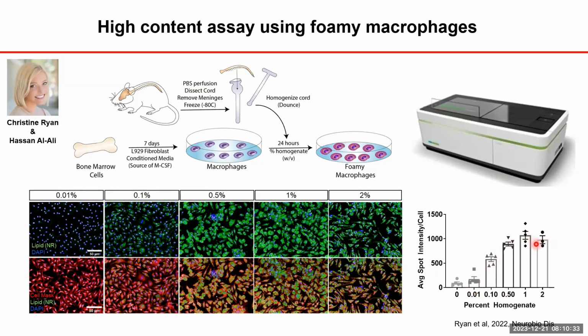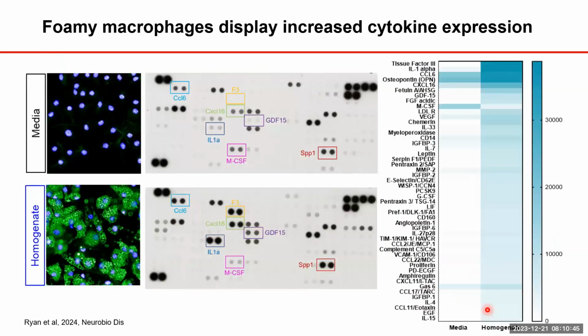The robustness of this assay allowed it to be amenable for high content screening studies, which I'll get into a little bit later in the talk. One of the first things that Christine did was she purified the proteins from these cells and looked at the cytokine profile.